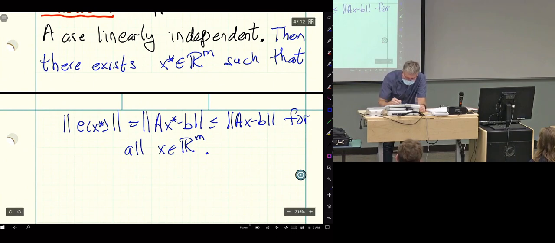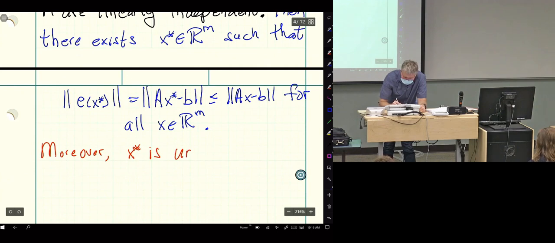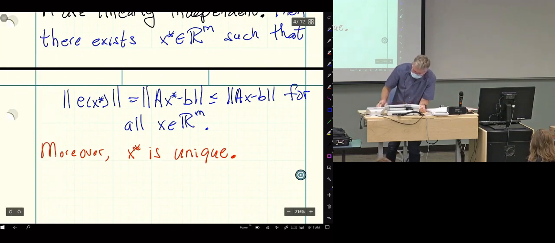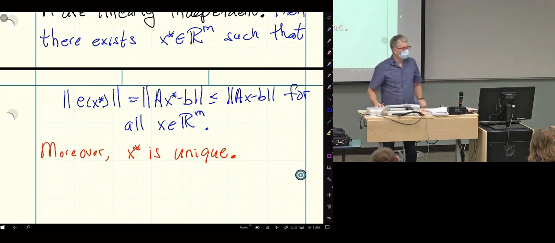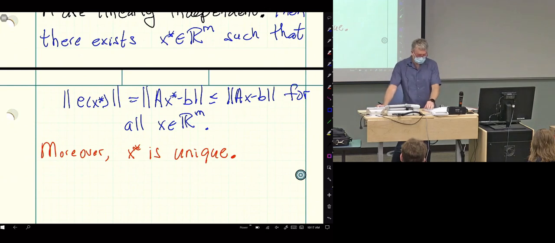And then the cool part, moreover, x star is unique. There's only one of them. Okay, so when you're looking for something and there's a whole bunch of them, your algorithms get confused, and when there's only one thing you're looking for, it's much easier to have your algorithm focused on doing that.